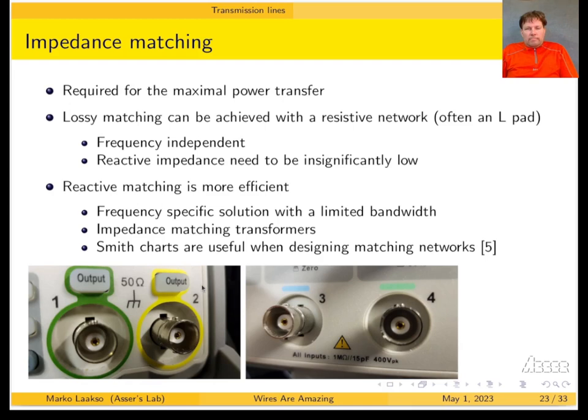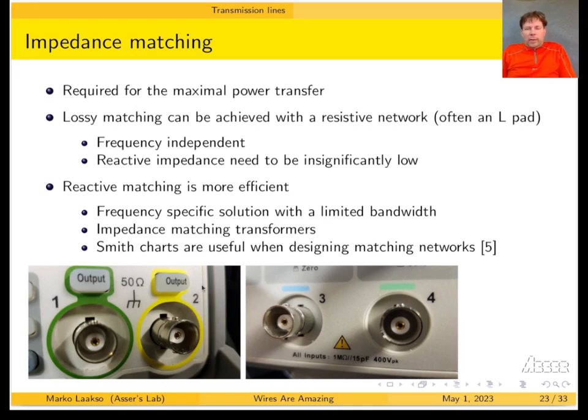Then how to do this impedance matching. That's important. We want to avoid the reflections in order to have the maximal power transfer, and that was the purpose of the transmission lines. Also, those reflections may distort your signal, and the system may actually misbehave or not work at all if you have too bad reflections there.